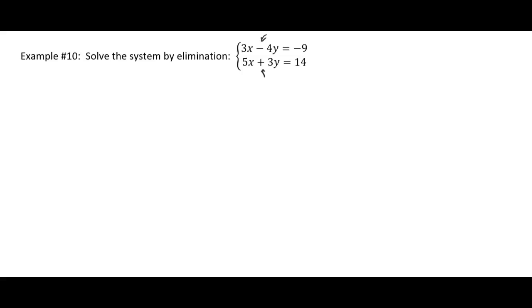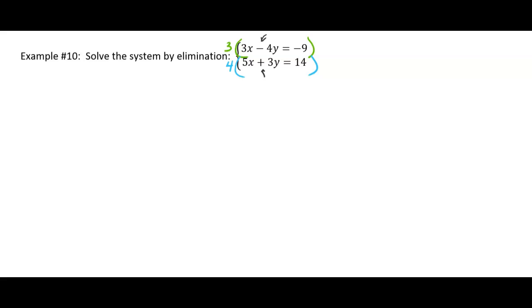And that would be 12, right? If I had a negative 12y and a positive 12y, that would work out just great for me. So I'm going to multiply the top equation by 3, and the bottom equation by 4. So it's just like finding an LCD like we've done in the past.